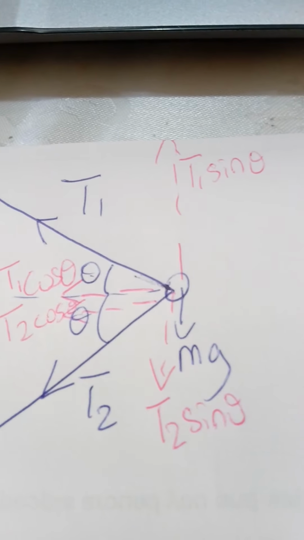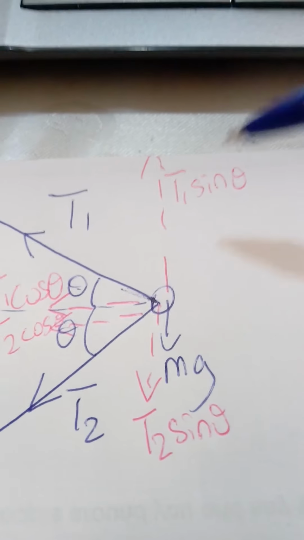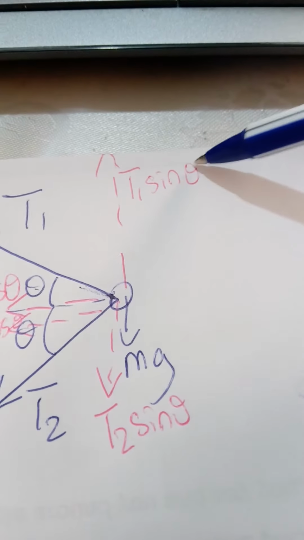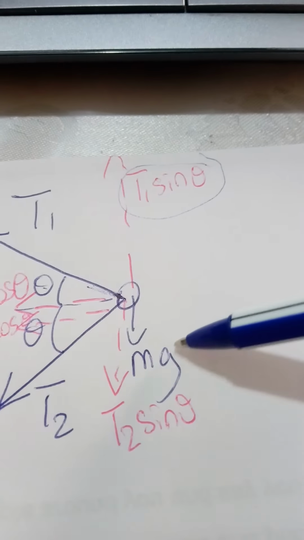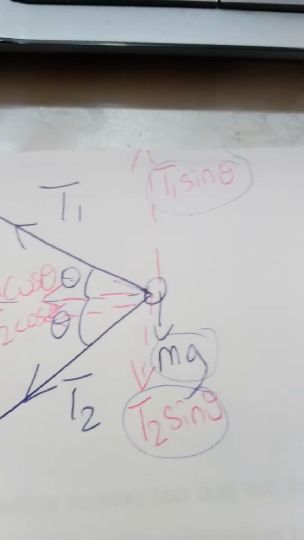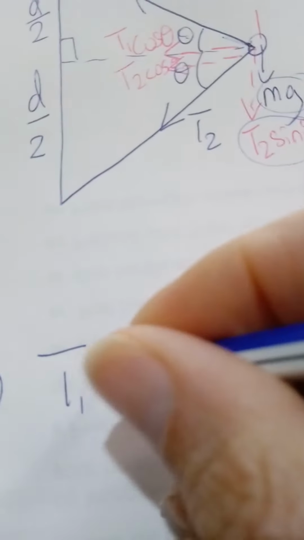To prove the first equation, we have to consider vertical forces, and I can say forces to the top are equal to forces at the bottom. So we'll write down this equation. T1 sine theta equals T2 sine theta together with mg.